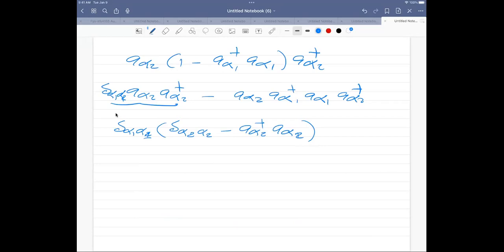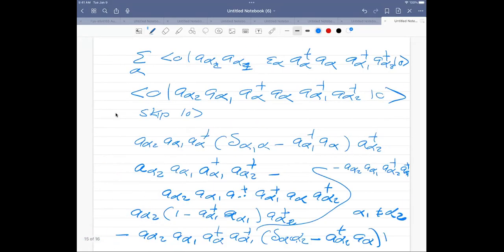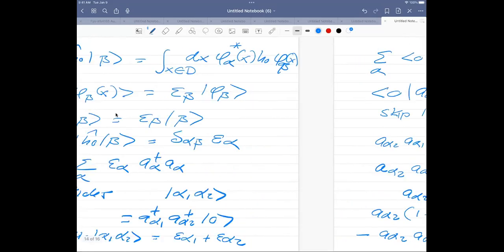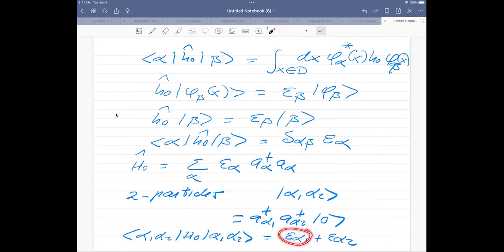So this term is going to give us a delta alpha 1, alpha 2, and then a delta alpha 2 of alpha 2, but with the constraint that we had delta alpha equal to alpha 1. So that will give us a specific term, which is simply this energy, epsilon alpha 1. So when we go back to the expression here, one of these terms gives us the epsilon alpha 1 term.